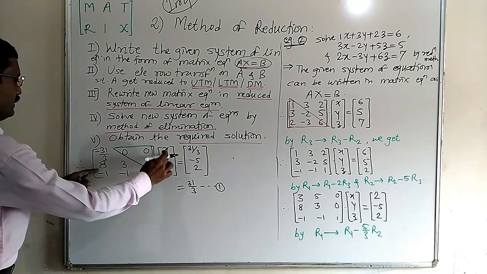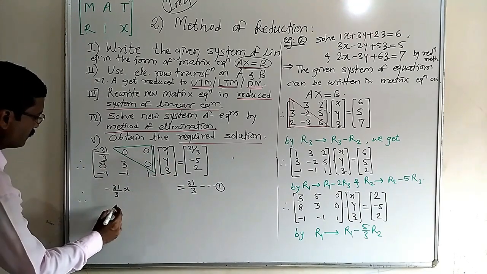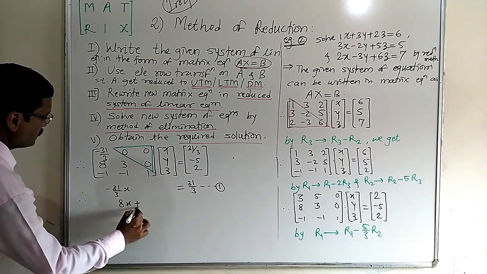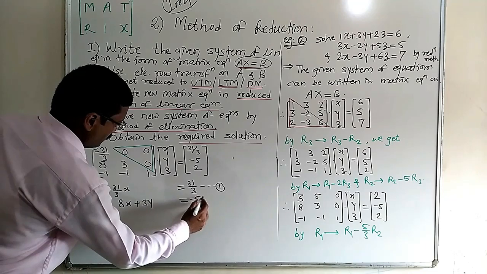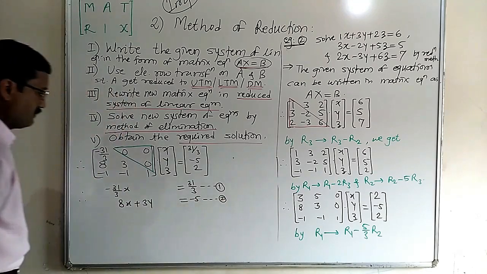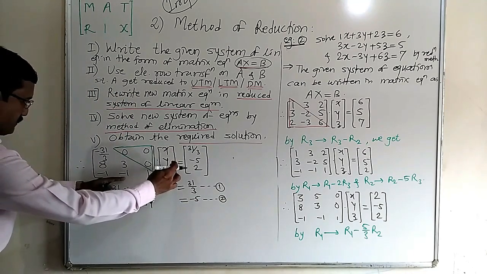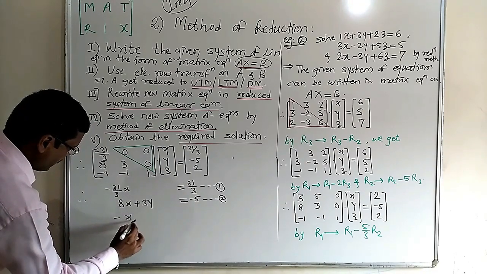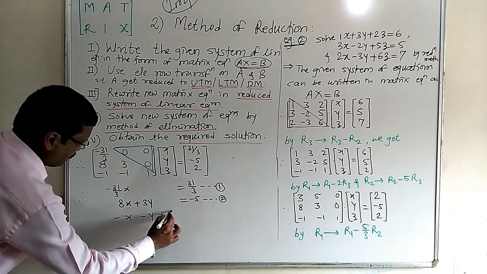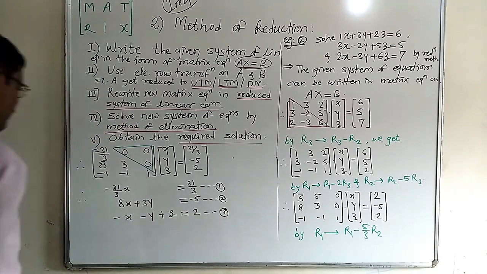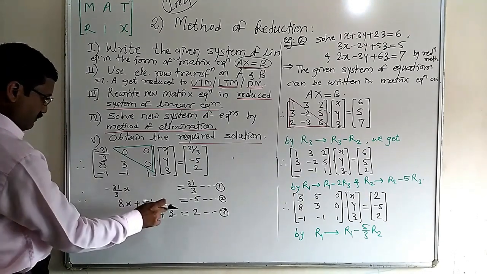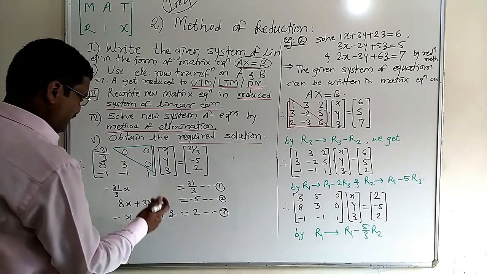Now 8x plus 3y plus 0 z is equal to minus 5, this is the second equation. And the last equation, minus x minus y plus z is equal to 2. So here we get 3 equations which are reduced, because in the first equation the y and z terms are absent, and in the second the z term is absent. So we can easily solve this.